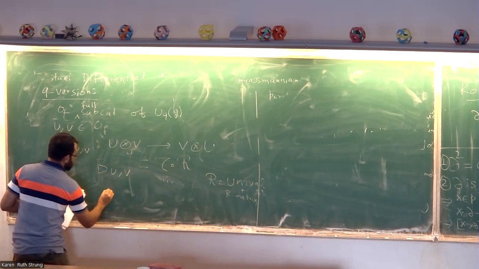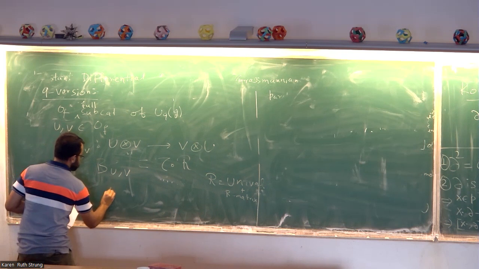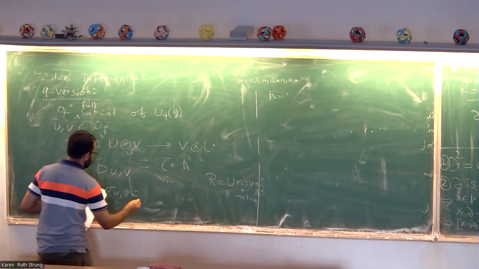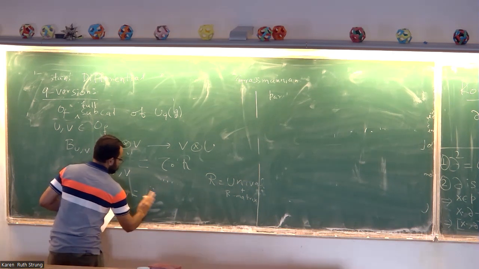And we also have the normalization of the braiding, denoted by sigma.